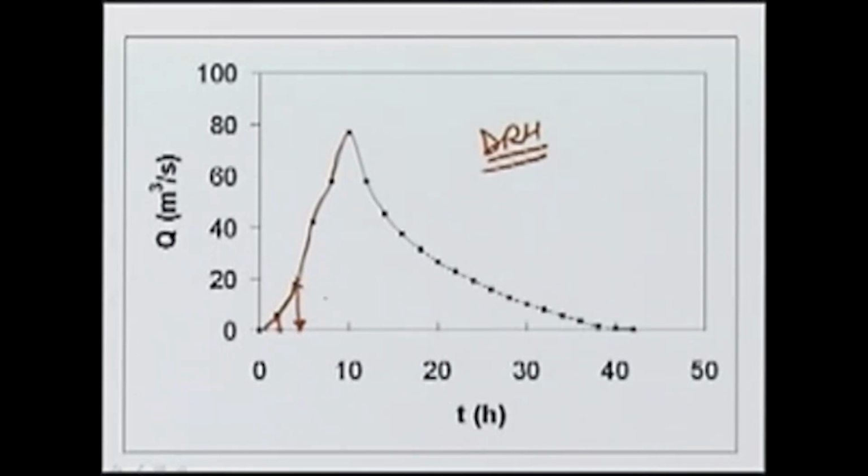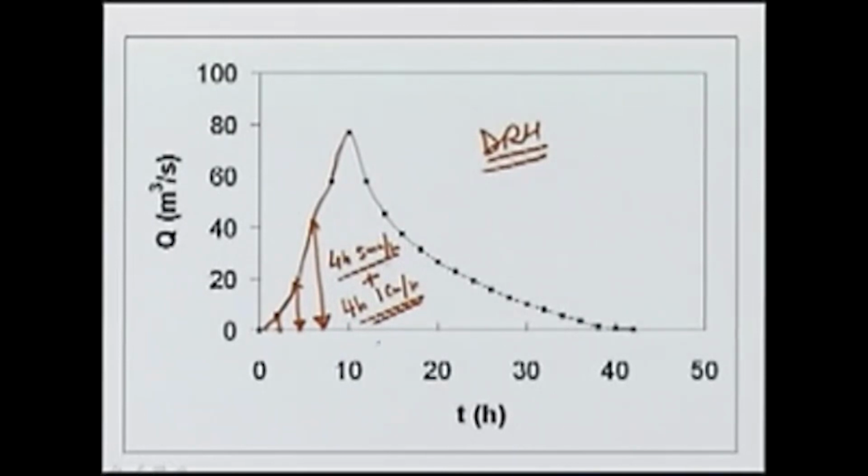So, we can use the 4 hour UH ordinate directly, but after that we will have a combination of the first 4 hour 5 millimeter per hour rain, and some ordinate which comes from the second 4 hour 1 centimeter per hour rain. Not the ordinates at the same time, but they are shifted.